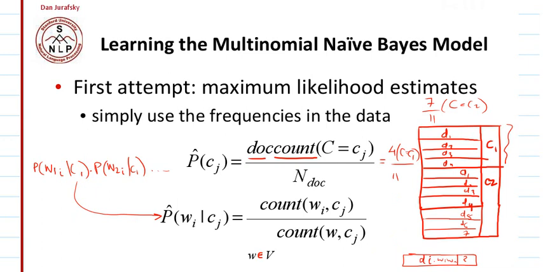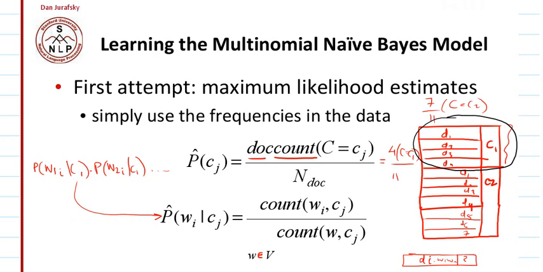So for cj, if cj is 1, I will be going inside this class c1. I will be just looking into this class c1 part and then calculating the probability of wi. So that will be the probability of wi given cj. So the probability of wi in this subset will be the count of wi divided by the total number of words present here, right?